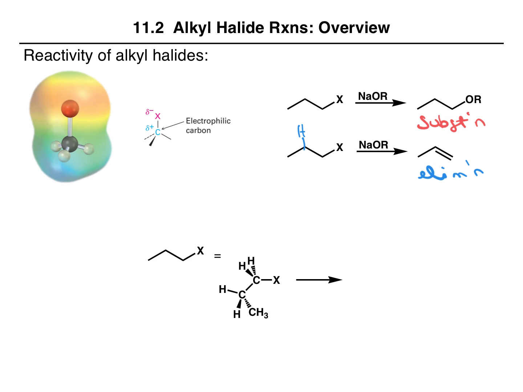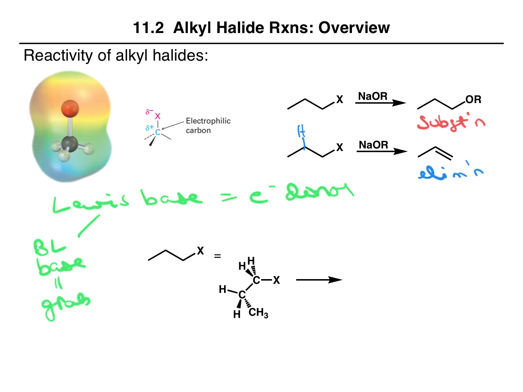The reason why these reactions can work is because we need to think about a Lewis base. So remember, a Lewis base is an electron donor, and Lewis bases might act as a Bronsted-Lowry base, which means it grabs a proton, or they could act as a nucleophile.